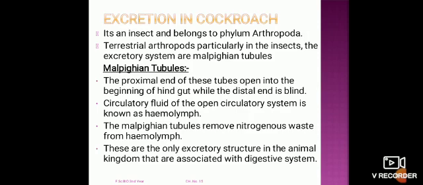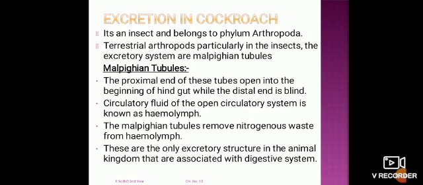Malpighian tubules are specialized, minute tube-like structures that collect the waste material from the body. The proximal end of the tubes opens into the beginning of the hindgut, while the distal end is blind. The circulatory fluid of the open circulatory system is known as the hemolymph.